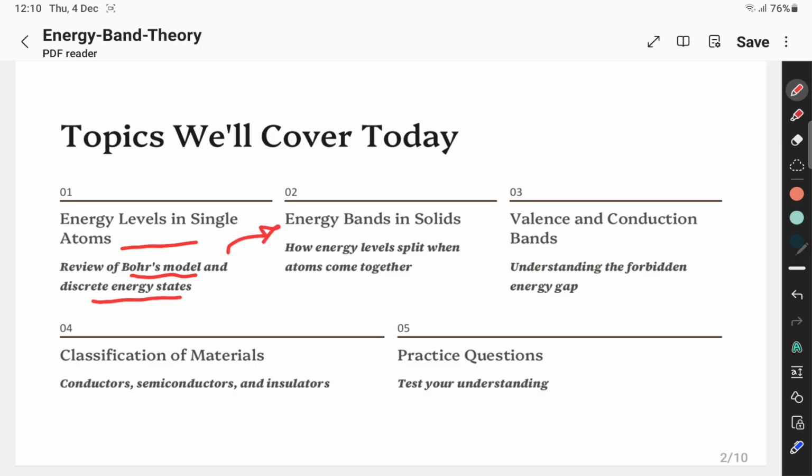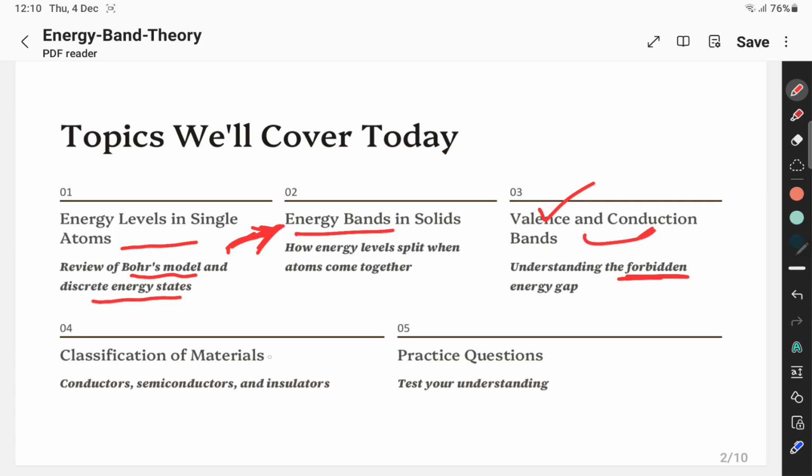We'll connect the energy levels in Bohr's model as simply as possible, and understand what energy bands in solids are. Then we'll learn what a valence band and a conduction band are, and understand the forbidden energy gap between the valence and conduction bands.